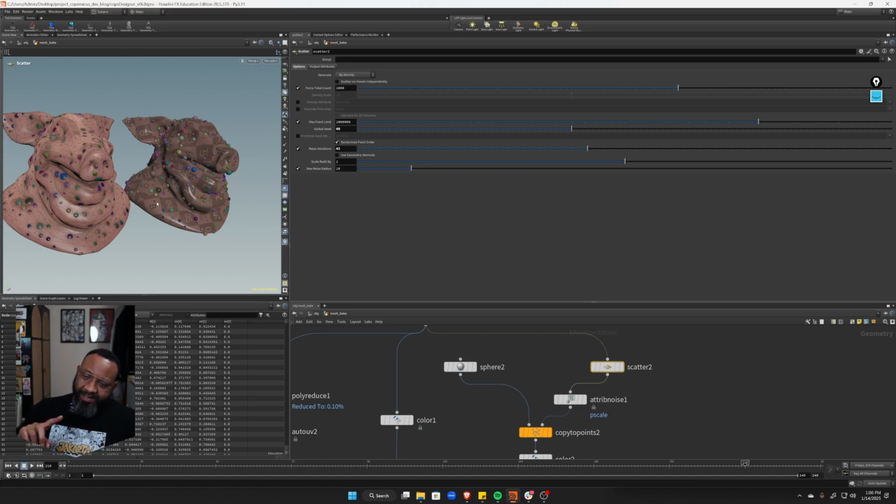The SOP context talks to the DOP context, the DOP context can talk to the SOP context. Even though everything has its own little language, they all can talk to one another. And as I showed before, with COPS, you can directly look at a COPSnet in Solaris now, which is absolutely huge. That being said, it is still kind of wonky. It's brand new. It kind of crashes a lot, but the potential is very, very much there.